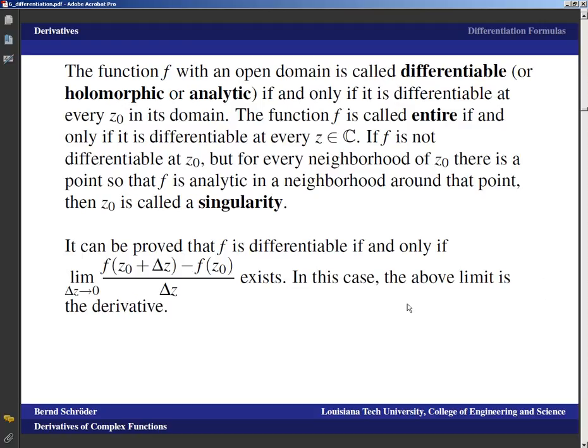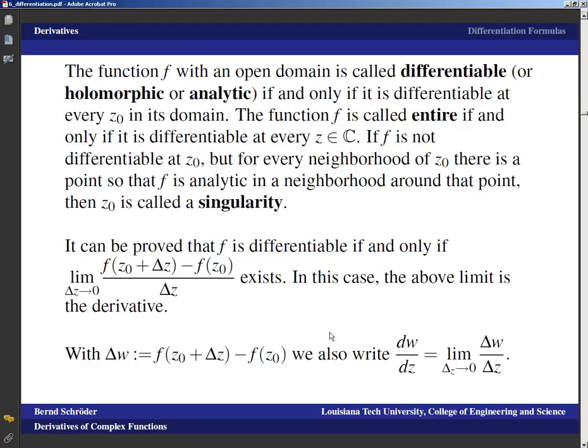In this case, then, of course, because the translation is so direct, this limit here is the derivative. And with our typical notation that w often denotes the output, we would have that delta w is the numerator of this difference quotient, and then we also write dw dz being the limit as delta z goes to 0 of delta w over delta z.